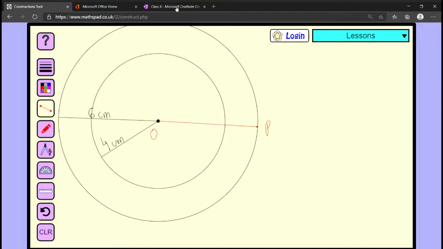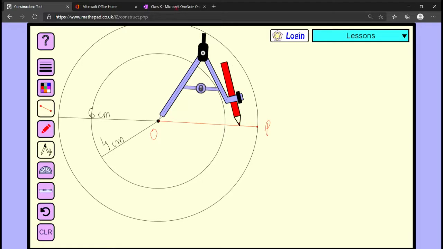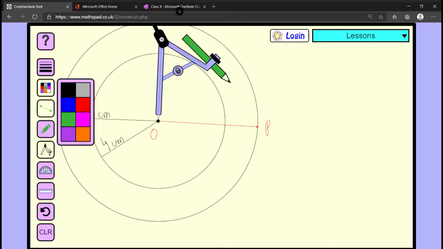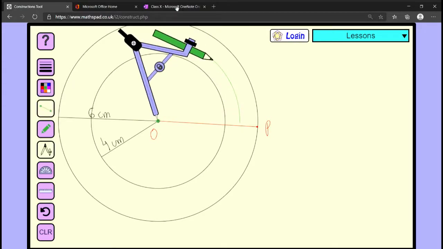To draw the perpendicular bisector, we would like to take the help of the compass, opening the compass more than half, fixing the radius, drawing arcs from both endpoints above and below.